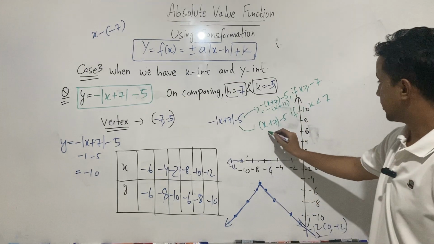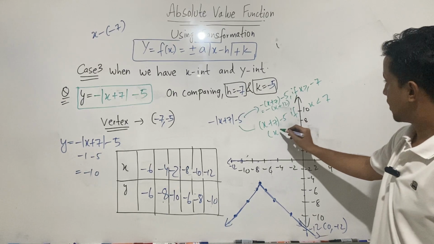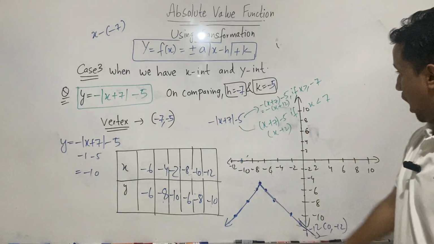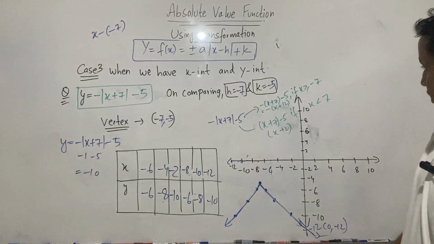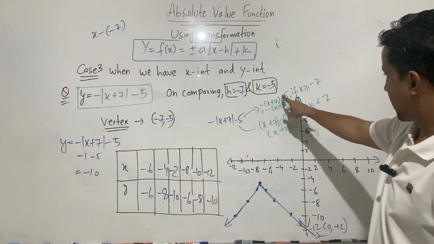If I simplify it, for x plus 7 minus 5, it will be x plus 2. And for the other, minus x minus 7 minus 5, which is minus x minus 12.